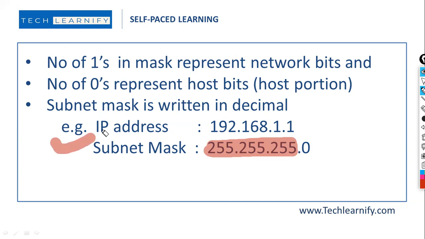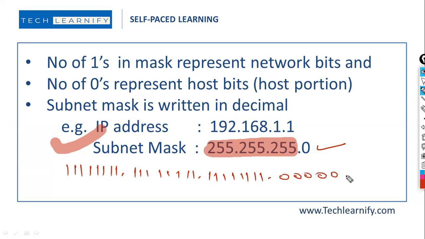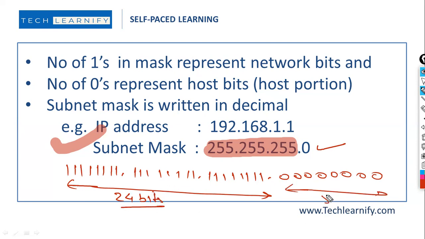So if I have to write down this subnet mask in binary, its binary representation will be like this: 8 ones, again 8 ones, 8 ones, and then 8 zeros, like this. In binary representation, in total there are 24 bits, means 24 ones and 8 zeros.